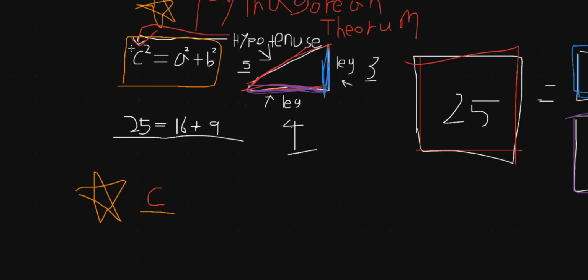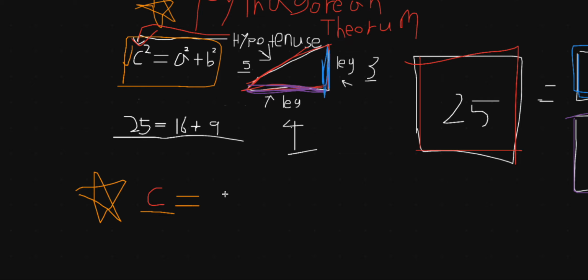Well, first things first, you take the root of c squared to get this power of 2 out, right? So what did we learn during algebra class? Whatever you do on this side, you do on the other side, because the equal sign is like a balancing system.